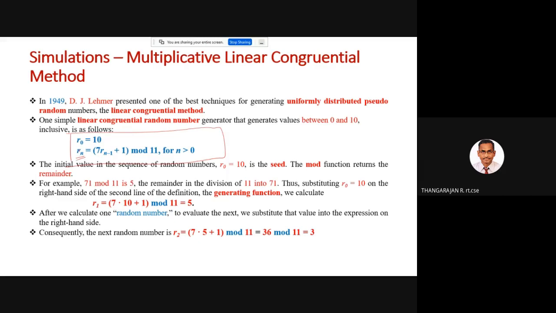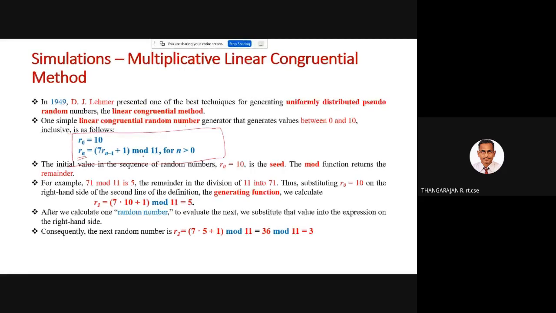In general, Rn is equal to 7 times Rn minus 1 plus 1, so the nth random number is found using the previous random number. And mod 11. When you generate 11, 11 mod 11 becomes 0.